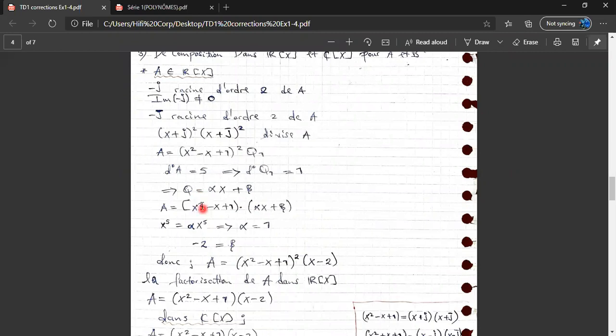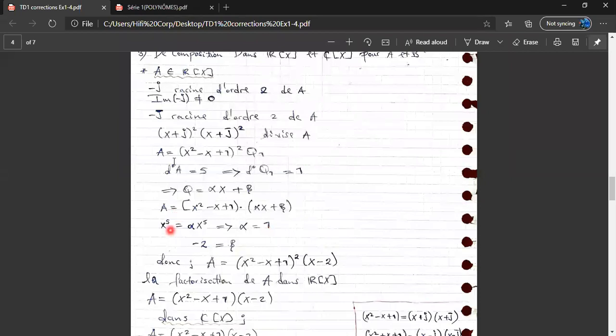So it's only x to the power 4 times alpha x, which is going to give us alpha x to the power 5, the one only with the alpha. So we cancel this and this, and our alpha is equal to 1.